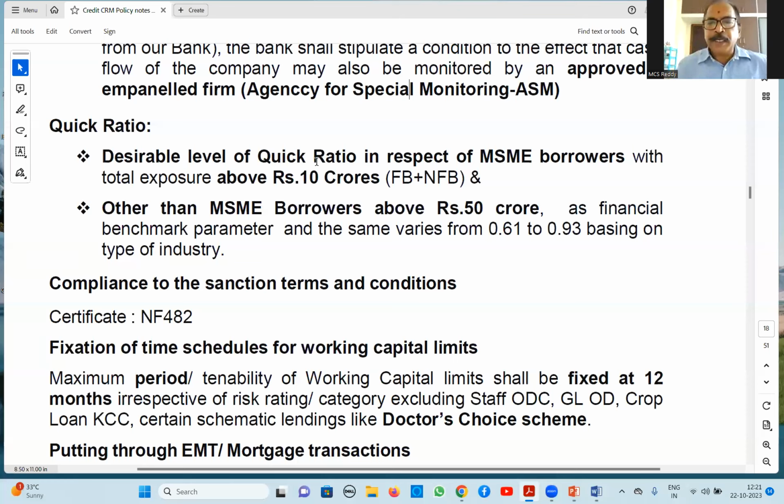It is in respect of MSME borrowers with total exposure above 10 crores, and non-SME, other than SME, above 50 crores. This quick ratio you have to consider. Below those levels, you need not worry. And the ratios vary from 0.6 to 0.093, based on the type of industry. We have to follow the ratios given. So for quick ratio applicability, remember, above 10 crores for SME, above 50 crores for non-SME.